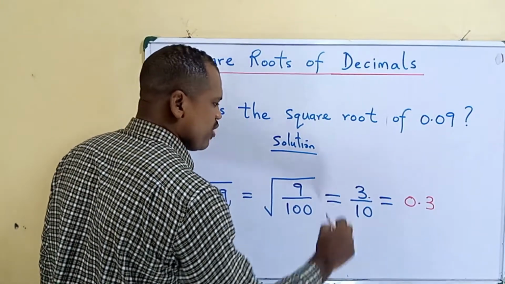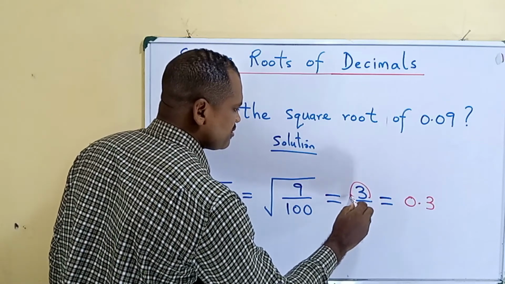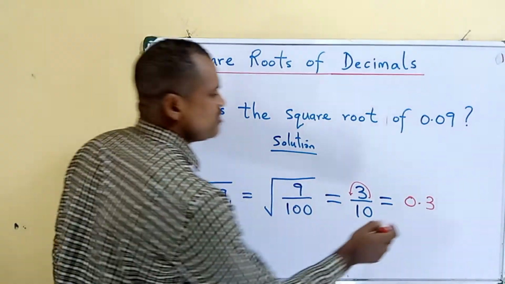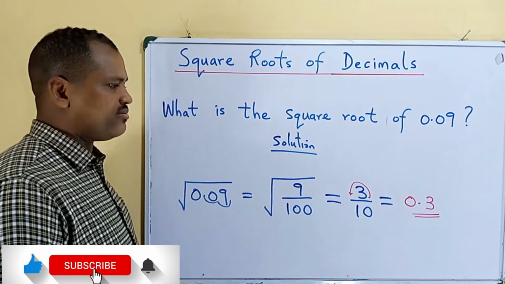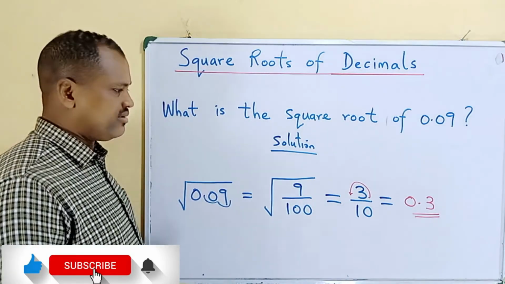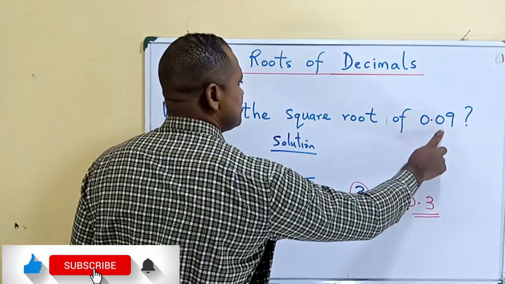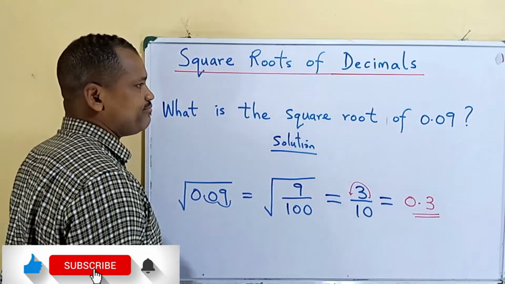If you jump just once, since you have just 1 zero, just like this. See, like this. That is all. So the answer is 0.3. So the square root of 0.09 is 0.3.